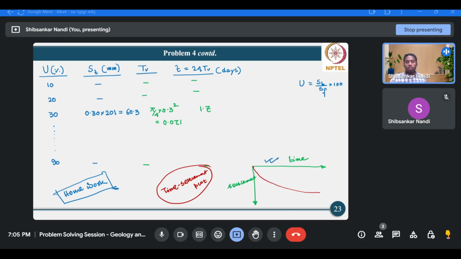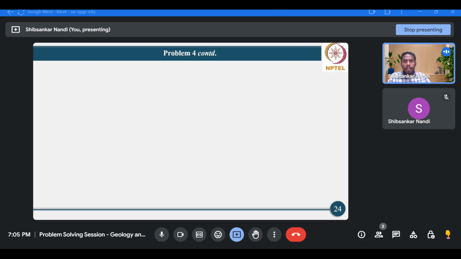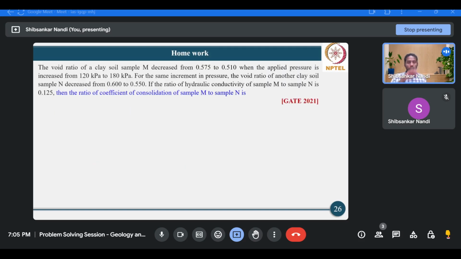Okay, so since we are already exceeding time, we'll end this session by taking another homework problem. And for your kind information, it's taken from GATE 2021. So the void ratio of a clay sample M decreased from 0.575 to 0.510 when the applied pressure is increased from 120 kPa to 180 kPa.